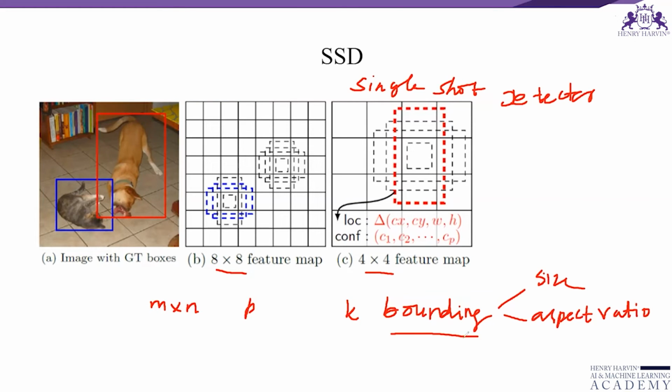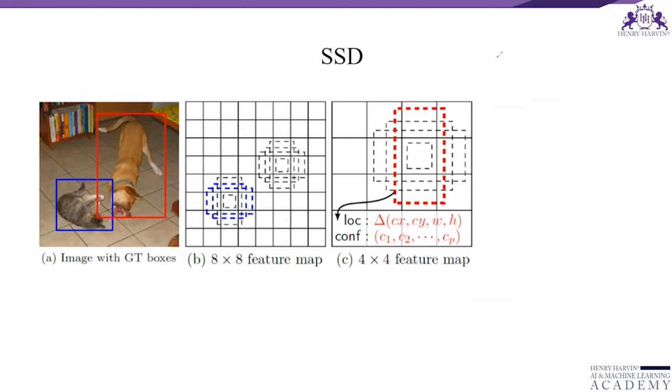For each of the k bounding boxes, we compute C class scores and 4 offsets relative to the original default bounding shape. So we will get (C plus 4) times k times m times n outputs. This is very simple to understand, not very complicated.